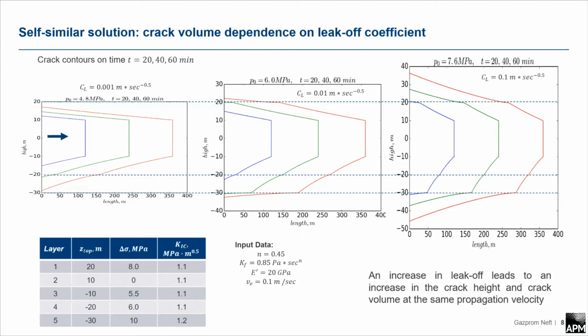On the left is the minimal leak-off coefficient, and at the right side we have the maximal leak-off coefficient. So we see that with all other parameters the same, the increase in leak-off leads to an increase in crack height and the crack volume at the same propagation velocity in our solution.